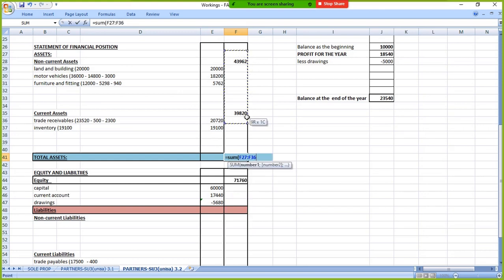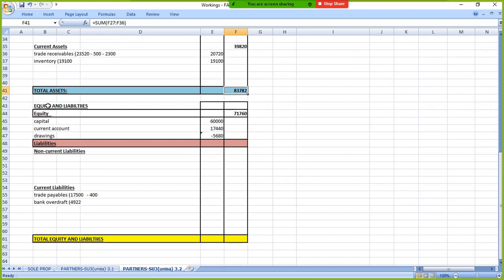Sum up non-current and current. There's the total. Okay, and then you're going to check that with what you have here at the bottom. All right, non-current assets, you didn't have any here. Not assets, liabilities. Current liabilities, you did. Okay, total liabilities, only the current. Okay, equity and liabilities, this plus that.